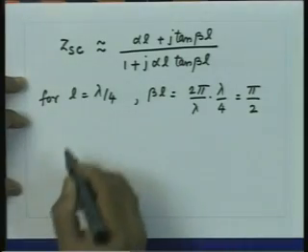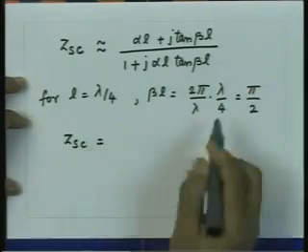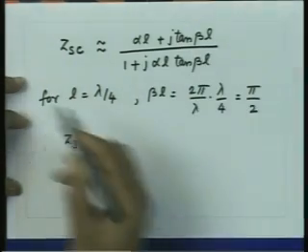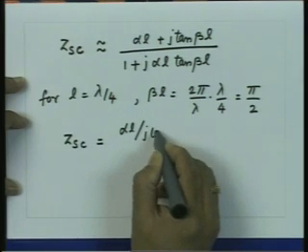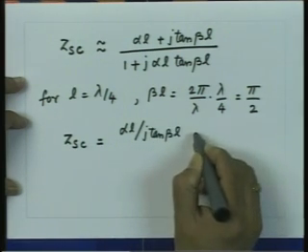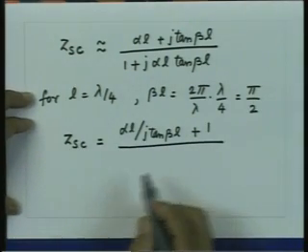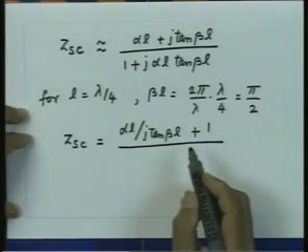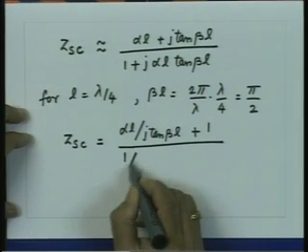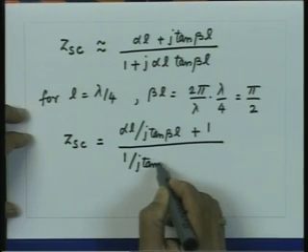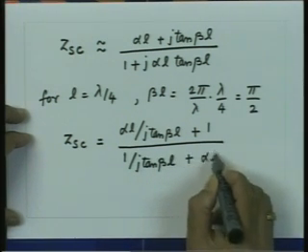So, what will I see, that ZSC will be equal to, if I take j tan beta L common, (alpha L divided by j tan beta L plus 1) divided by (1 upon j tan beta L plus alpha L).